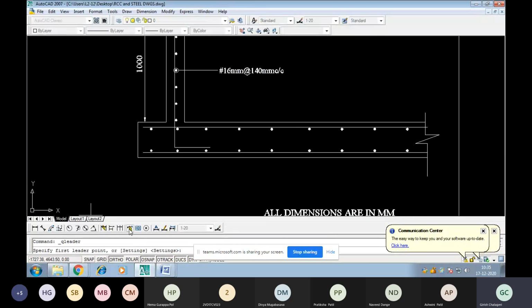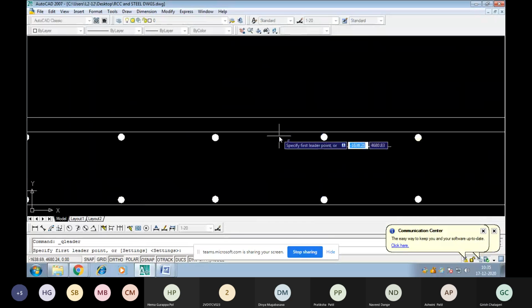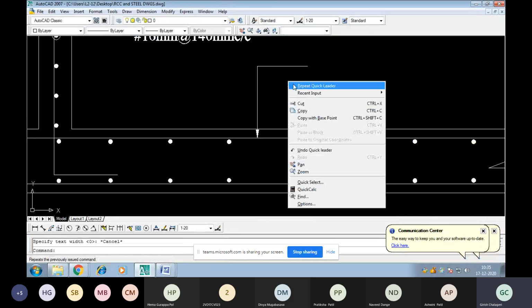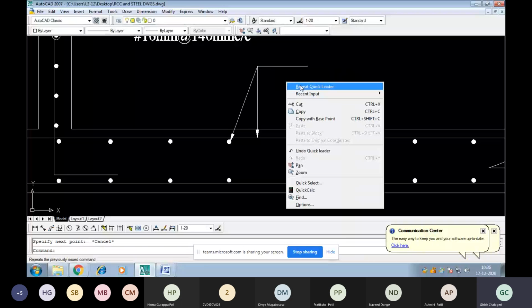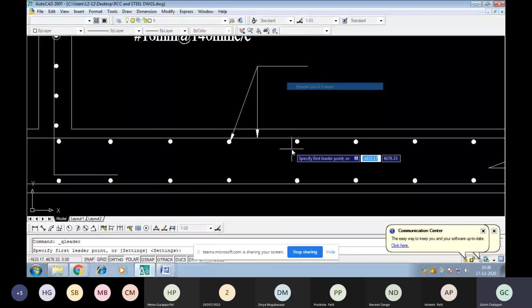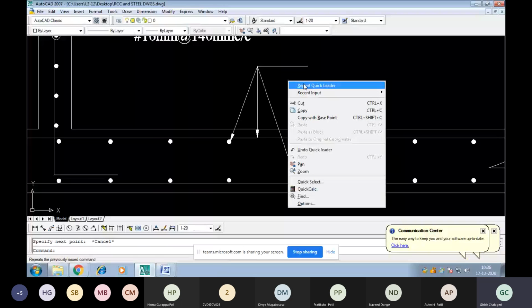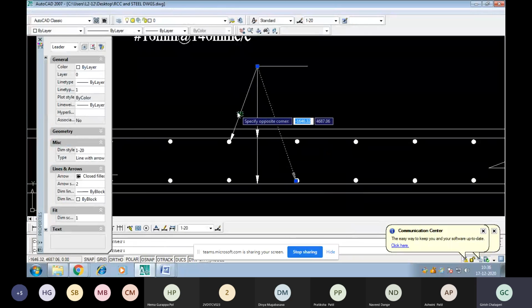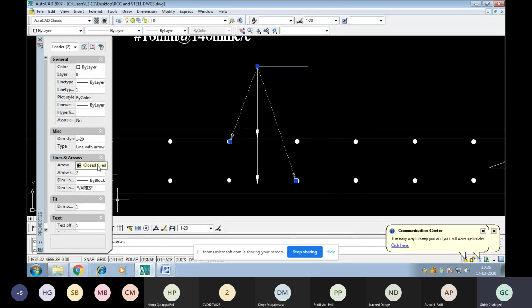So I can write it with a quick leader, joining it like this, and take this arrow.